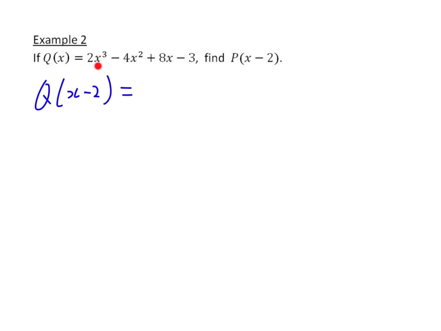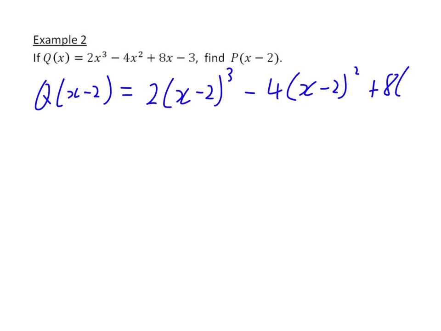So the first term is 2x cubed, so that'll become 2 times x minus 2 all cubed. And then minus 4x squared, so minus 4, the x becomes x minus 2, squared. Plus 8, x becomes 8 times x minus 2, and then minus 3.